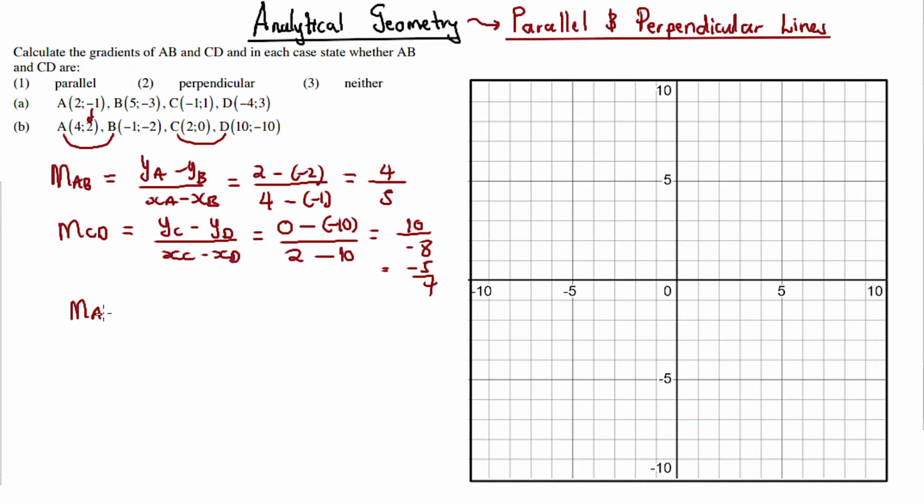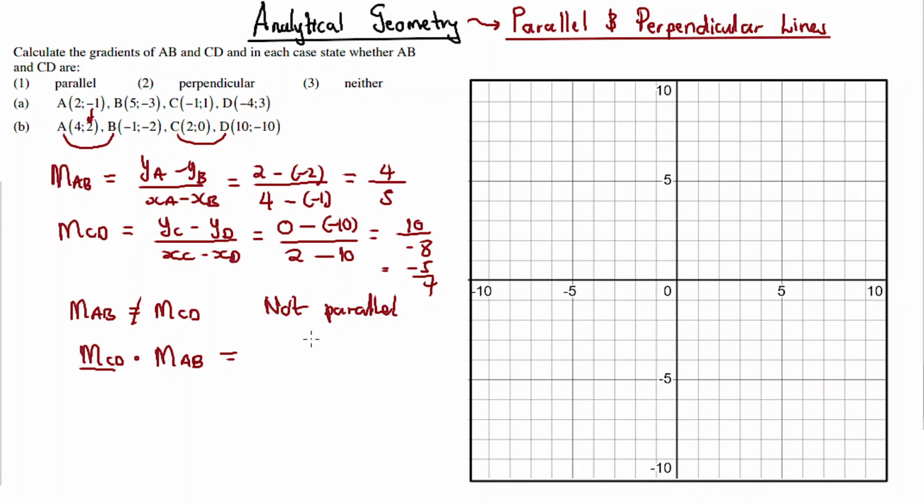Since the gradient AB is not equal to CD, they are not parallel. Let's see what gradient CD multiplied by gradient AB gives us.